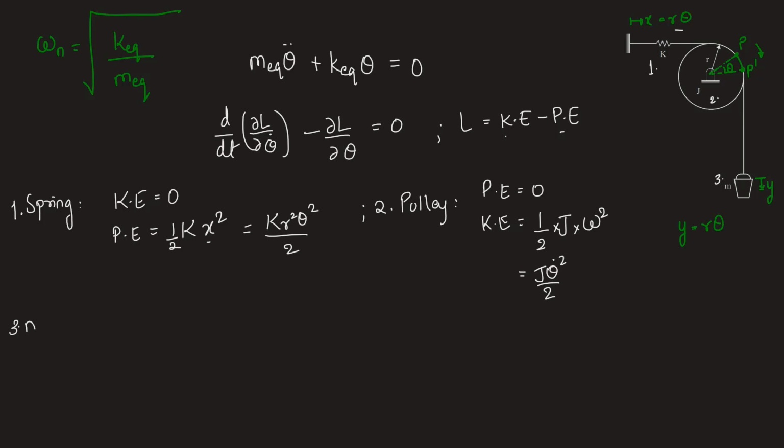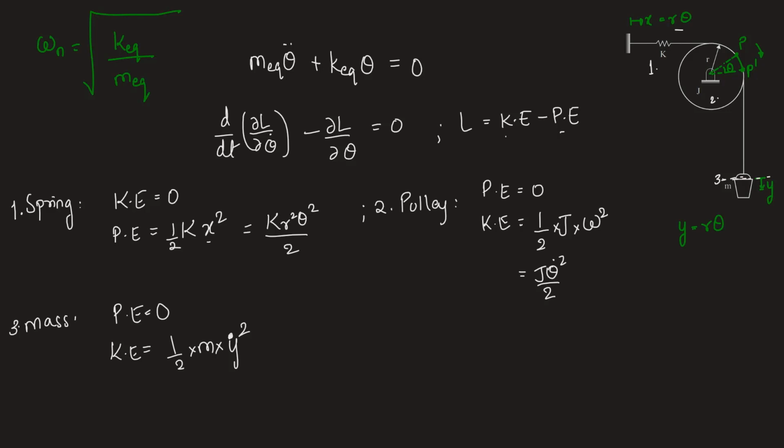Third one, for the mass, again potential energy will be 0, because if we take this as the datum from where its displacement takes place, then its potential energy is 0. We can assume that center of mass is at the datum, and amplitude of vibrations is also small. Kinetic energy, however, will be given as half into mass into its velocity square. Velocity can be written as y dot, because displacement is y, square of it.